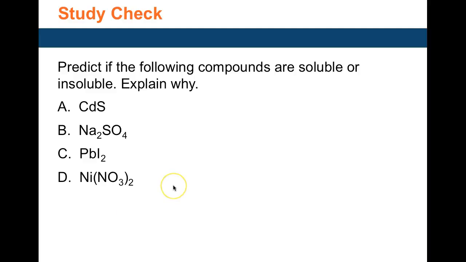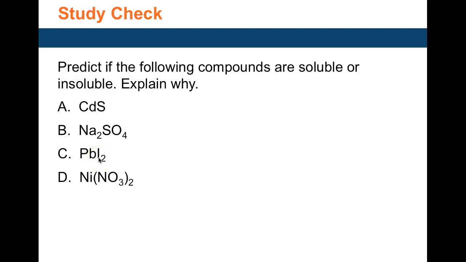All right, so let's apply these solubility rules and see if we can predict whether these following compounds are going to be soluble or insoluble in water. Sulfides are mostly insoluble, and so cadmium sulfide would be insoluble. Anytime you have a sodium ion in a compound, it doesn't matter what that anion is, it's always going to be soluble. So sodium sulfate is soluble.